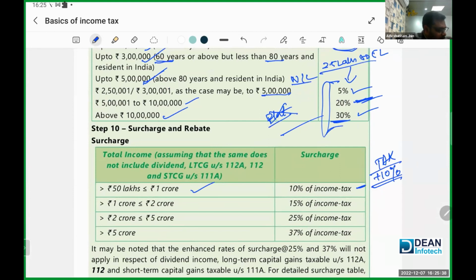Then for people earning more than 1 crore and less than 2 crore rupees, the surcharge rate is 15%, that is, tax plus 15% of this tax. Then for people in the slab of 2 crore to 5 crore rupees, there is an additional 25% surcharge, and above 5 crore rupees, people have to pay 37% surcharge on the income tax that is calculated on their total income.